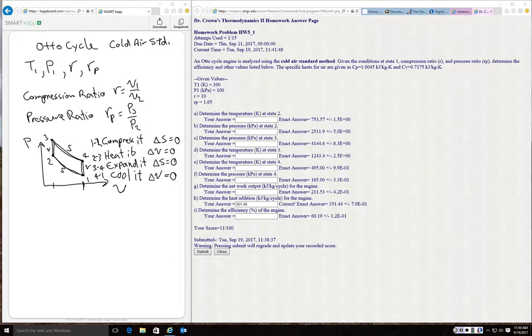All right, let's start then looking at it. We want to ultimately find efficiency, but to do that we're going to need to know all the temperatures throughout the cycle. So we already know T1 and P1, so let's go after T2 and P2. And there are a number of ways to do that. This is for everywhere, right up here at the top. We're working with air as an ideal gas.